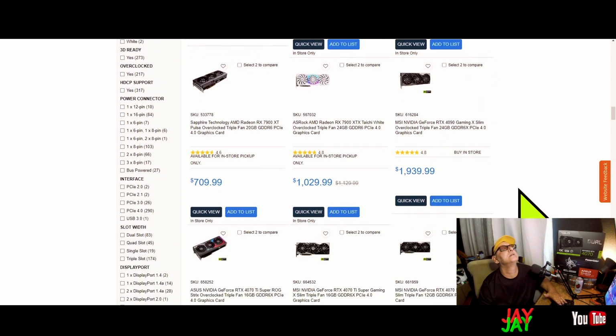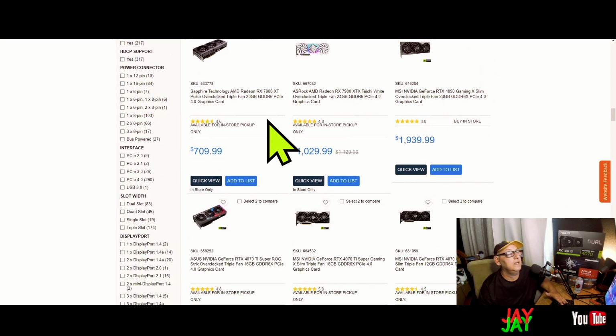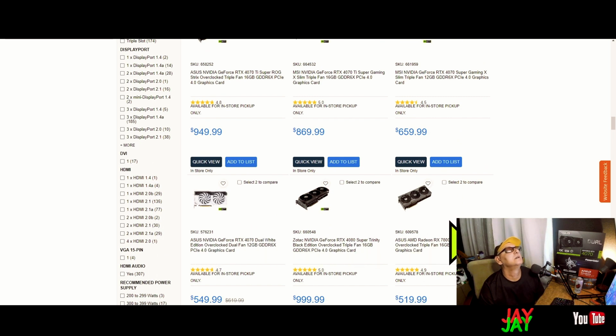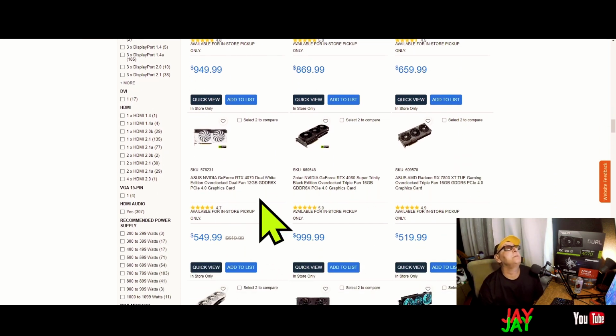4060. Let's see. $9 more than Amazon, according to PC Part Picker. Let's see. To me, for $20 more, you get a white. $20 more.